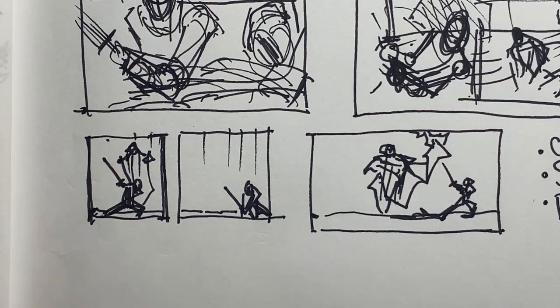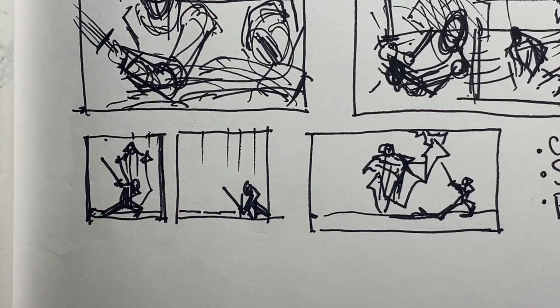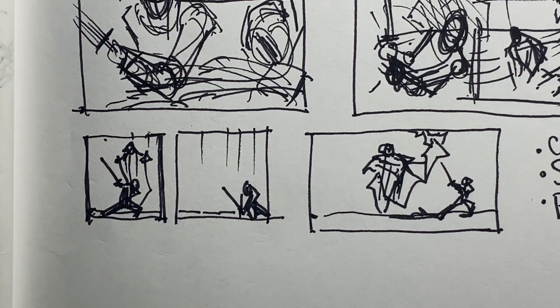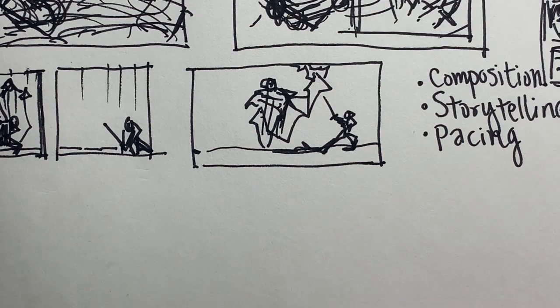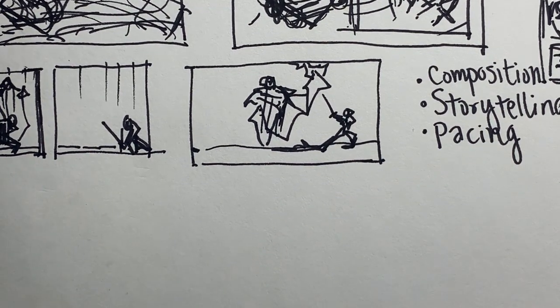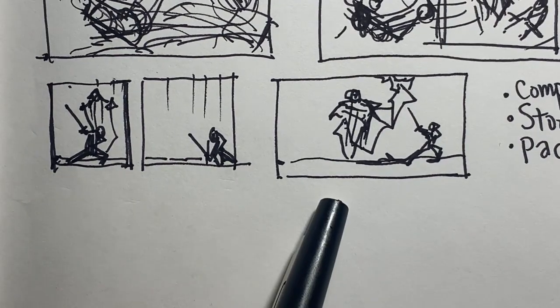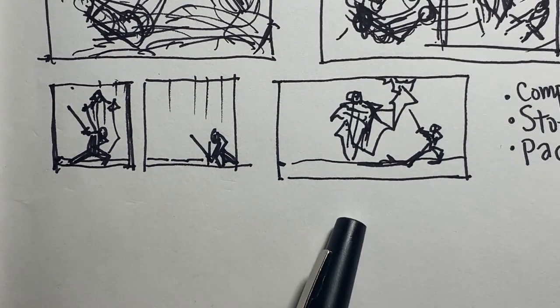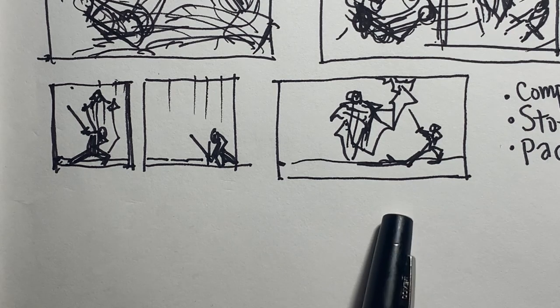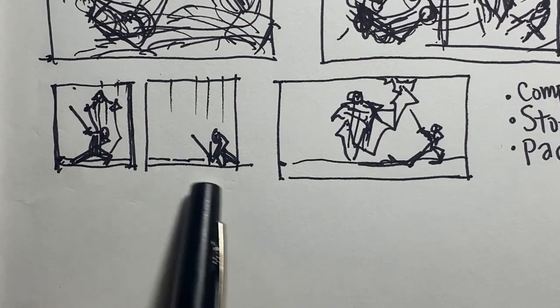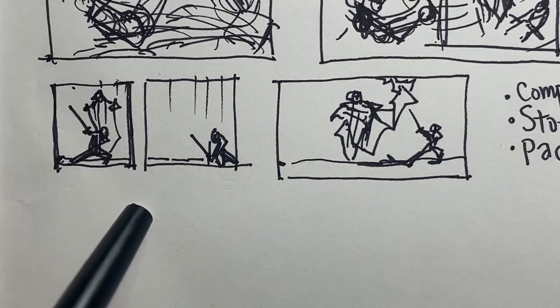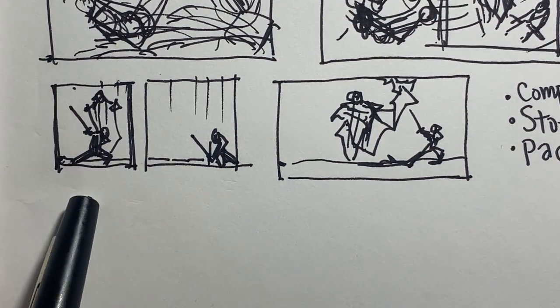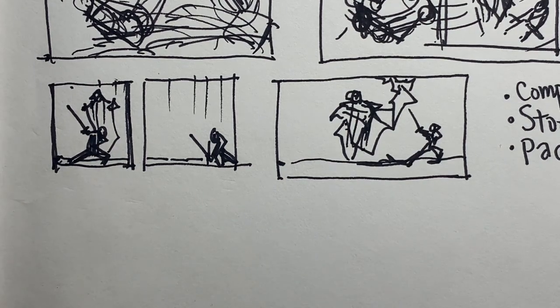Now compare that to the page I'm working on right now. Notice how it's the same idea, they're doing the same thing, but this one looks animated, and the panel shape itself also affects things. It's just something to think about.